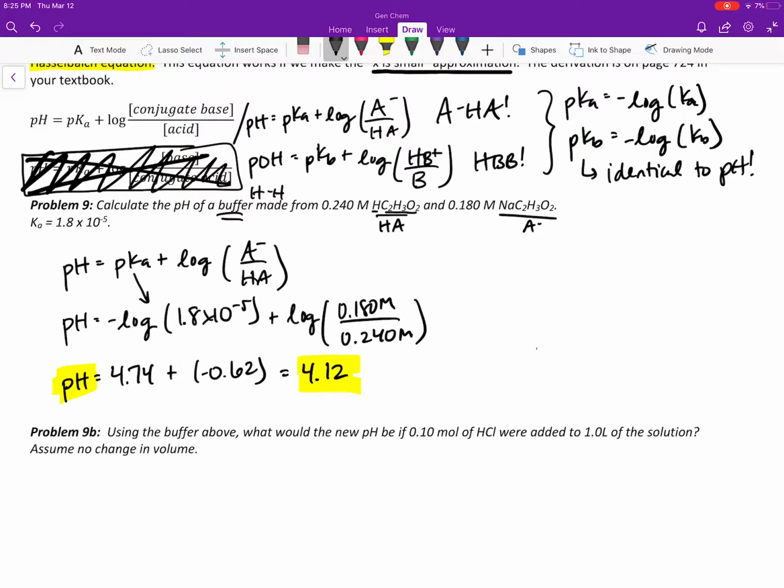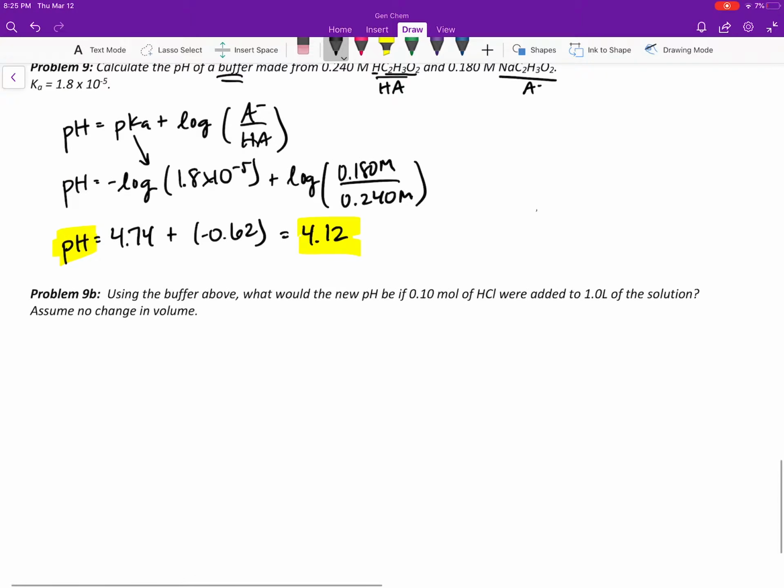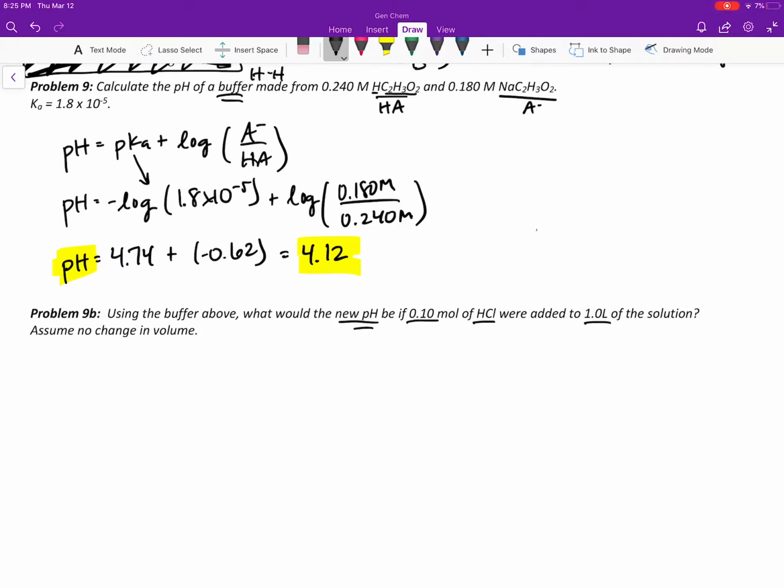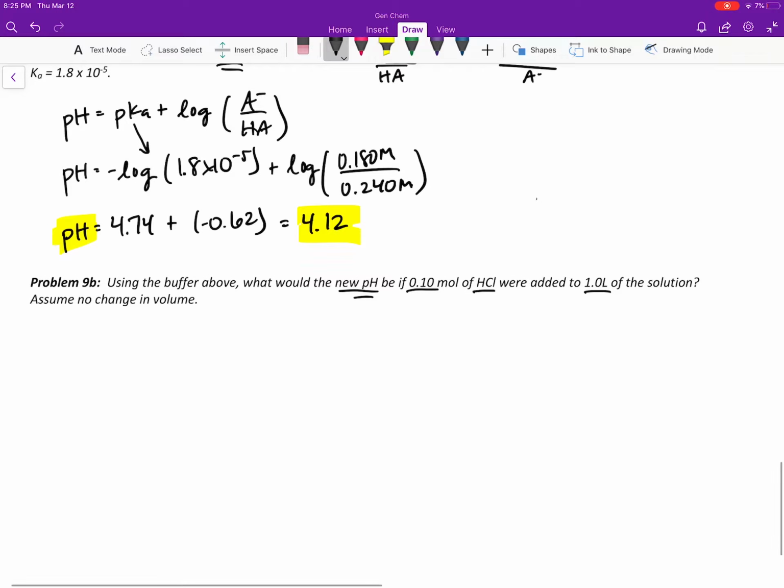Now, let's see what happens when we change the buffer. So in this problem, it says, using the same buffer above, what would be the new pH if this many moles of HCl were added to a 1 liter solution? In this case, I have to convert everything to moles or convert it all to molarity, but fortunately for me, it's all in 1 liter, so there's really no need to convert.